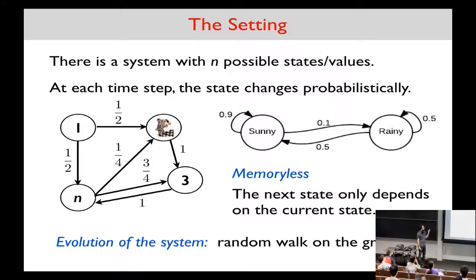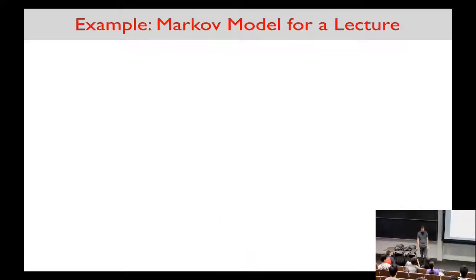Then when he's in state 2, he actually has no choice. With probability 1, he's going to go to state 3. In state 3, he has no choice. With probability 1, he's going to go to state n. When he's in state n now, he has 1/4 probability of going to state 2 and 3/4 probability of going to state 3. Maybe he goes to state 3. Then he has to come back to state n. And then maybe he goes to state 2, and then he goes to state 3, and so on. So you can see this guy just randomly walking on this directed graph.